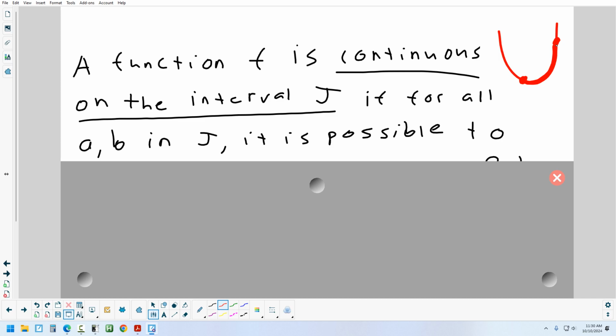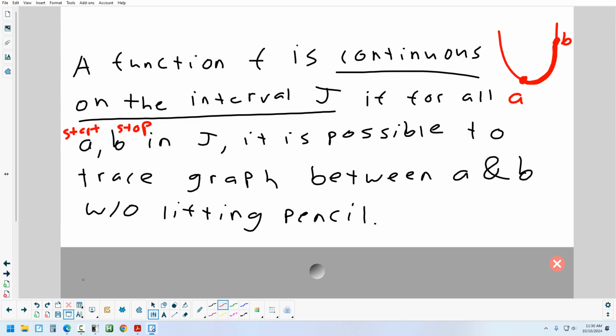But if you have a section, call it whatever you want, that starts at a number and stops at a different number, A, B, and you never have to lift your pencil while you're tracing from where you started to where you stopped, then that is called continuous.